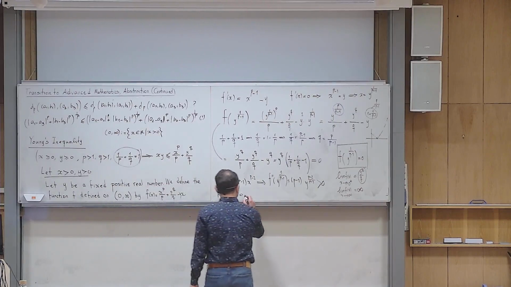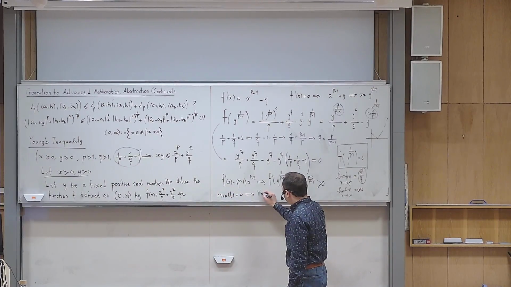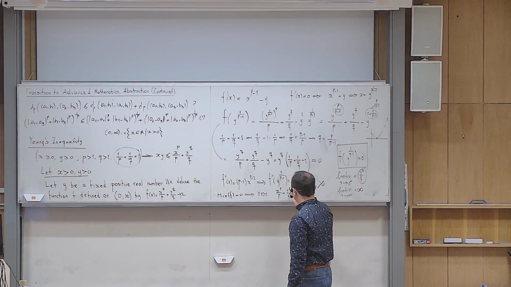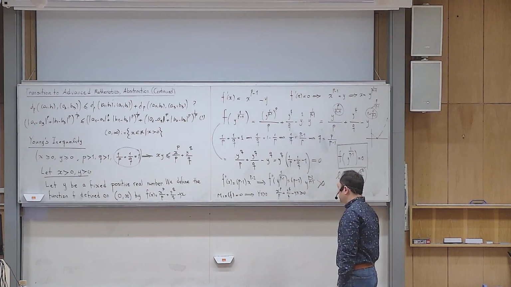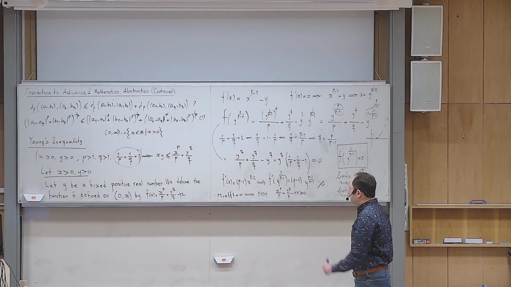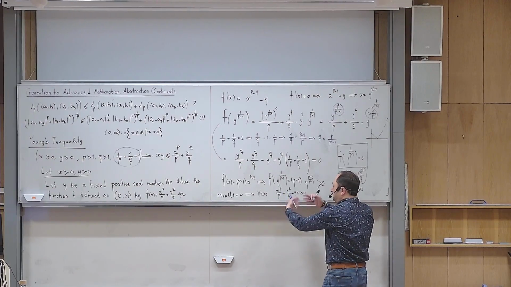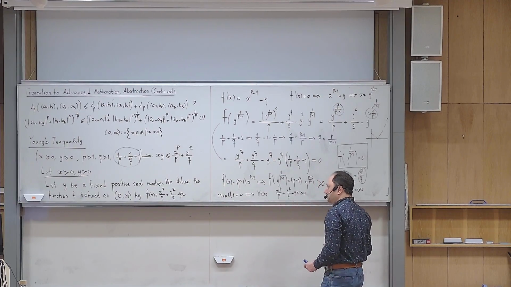So this means that for all positive x, I was able to show that x to the power of p over p plus y to the power of q over q minus yx is greater than or equal to 0. But for any fixed positive y, I can continue this argument for every choice of y. You pick a y, I prove the same thing for every x.